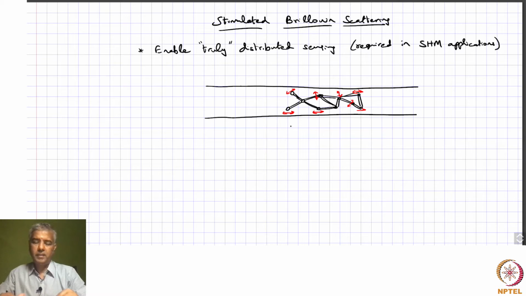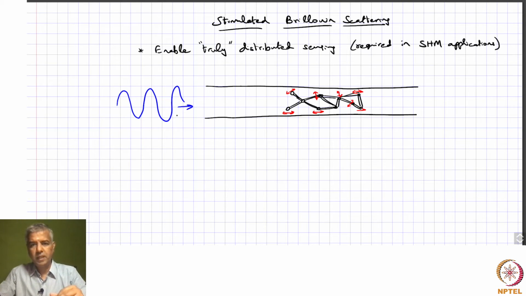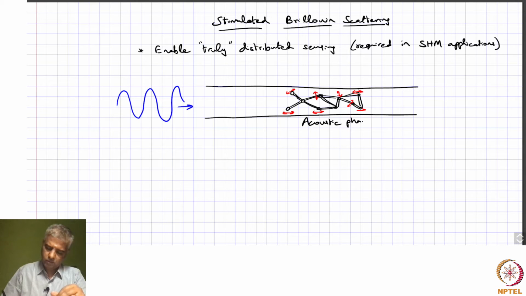Now in this context, when we actually come in with an electromagnetic wave, a light wave in this case, when you launch a light wave inside this medium, that light wave can potentially interact with these phonons, which are essentially called acoustic phonons, because they actually travel with the velocity of sound in this medium.